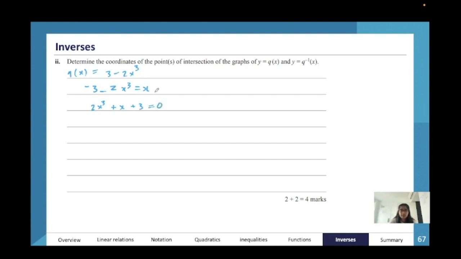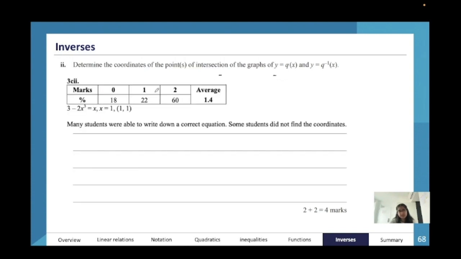You can solve using your calculator, because I'm pretty sure this is going to be a calculator question. You should get x equals 1, so the point 1, 1. And only 60% got it right. So it's likely that it might have been some sort of calculation error, or they might have complicated it by equating these two instead of just equating one of them to x.